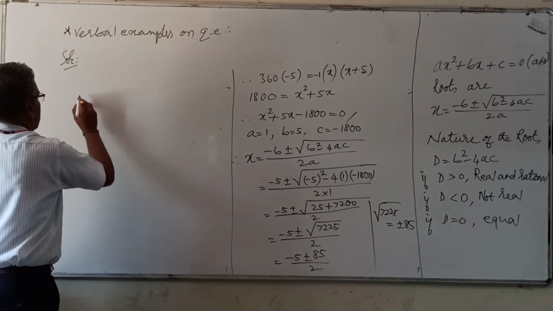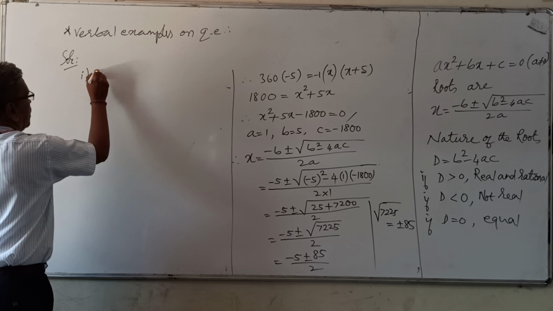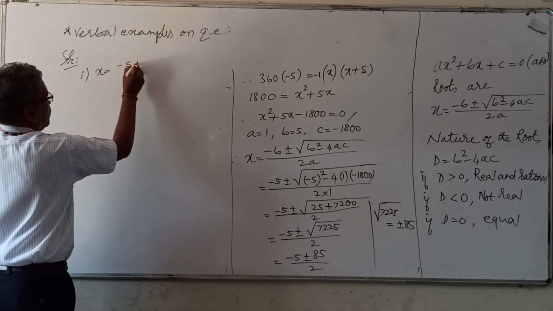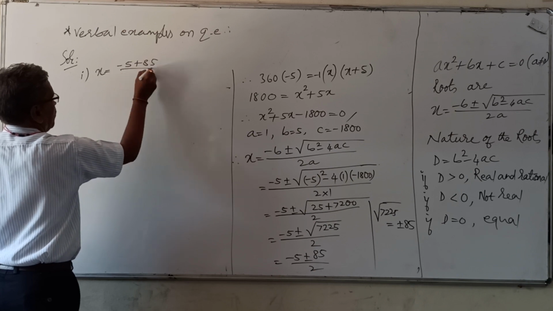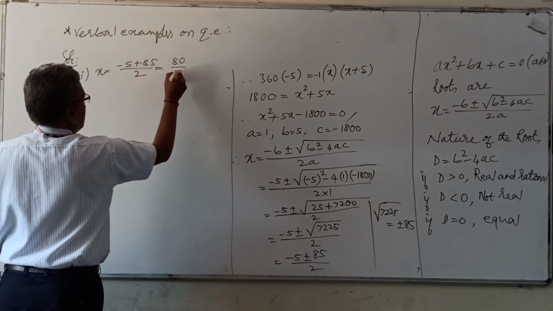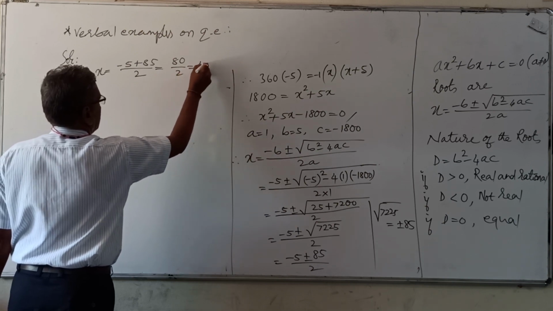So first case, x equal to minus 5 plus 85 divided by 2 equal to 80 divided by 2 is equal to 40.